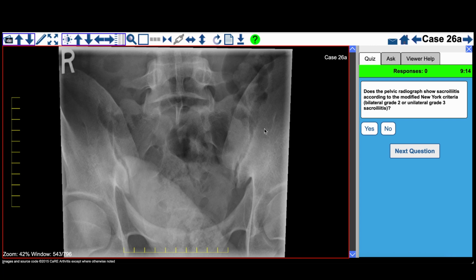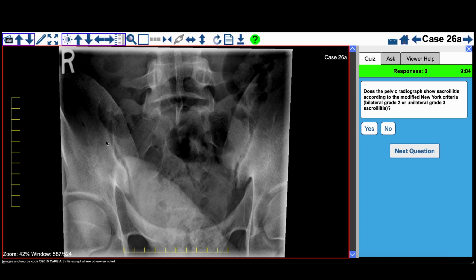Not a great deal. Does the pelvic radiograph indicate sacroiliitis according to the modified New York criteria? Definitely not. The right side looks completely unremarkable. The left side may have a little bit of irregularity of the left iliac cortex, but really not even a grade 2.